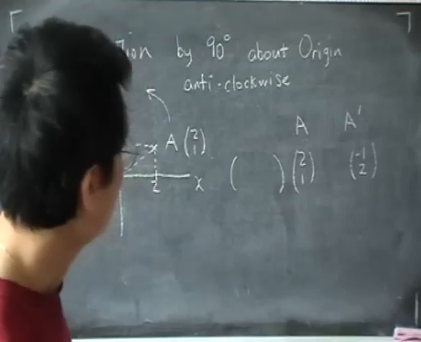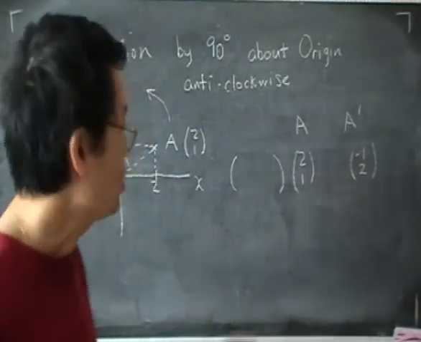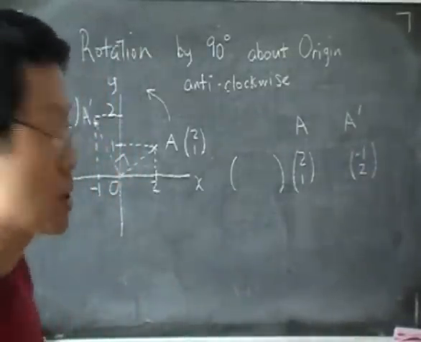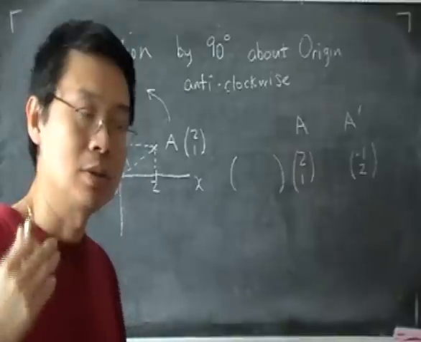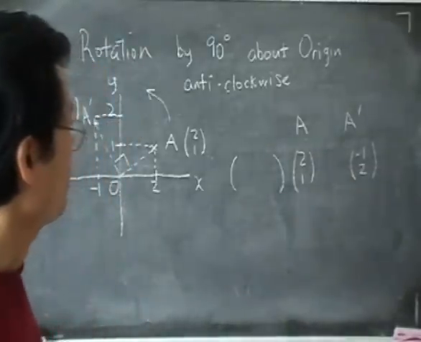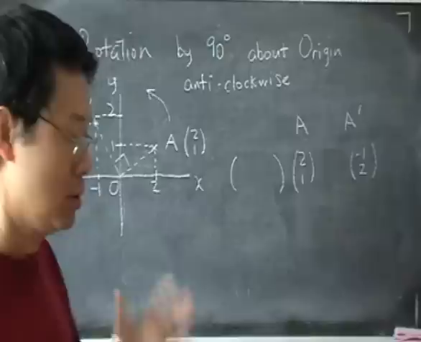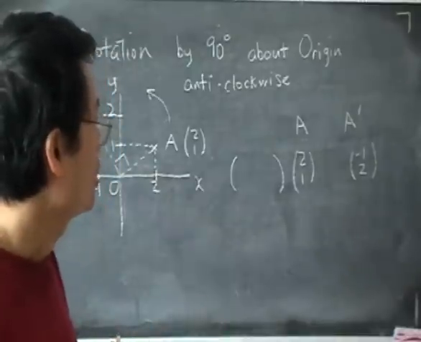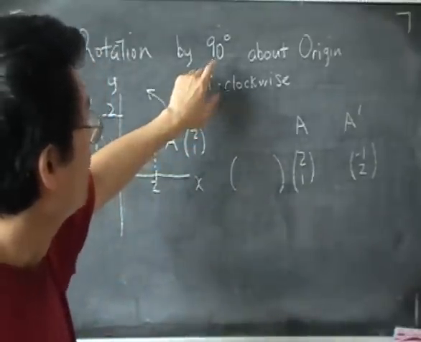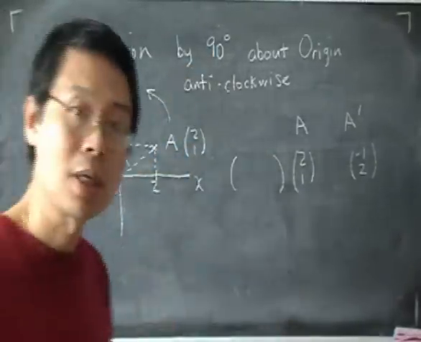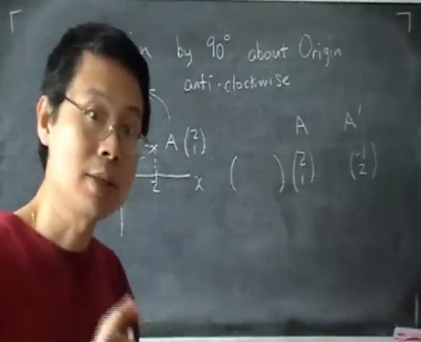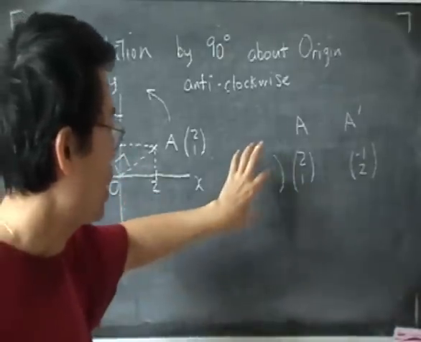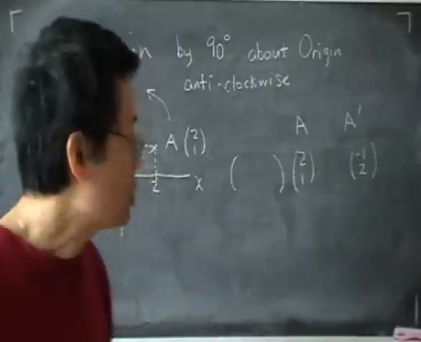As I have mentioned, you can get this matrix using the rotation matrix formula that we saw just now, the one that has the cosines and sines. And you can use that formula, set the angle alpha to 90 degrees, and calculate the sines and cosines of 90 degrees. And then you can find the numbers for this matrix.